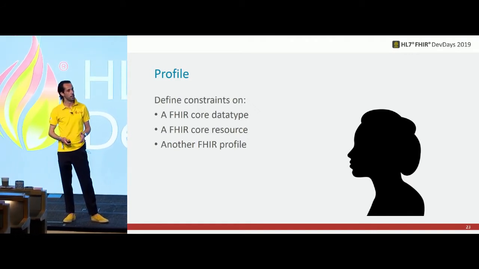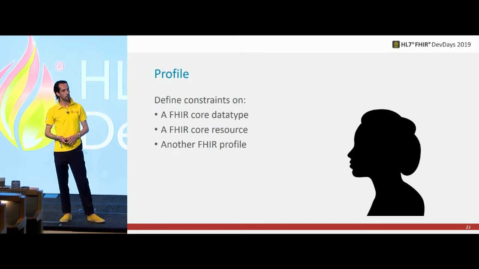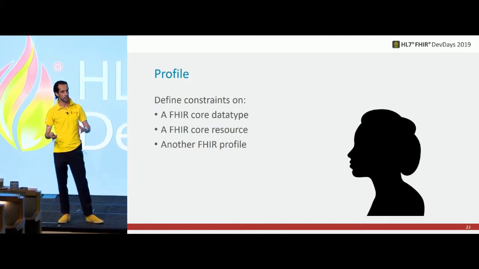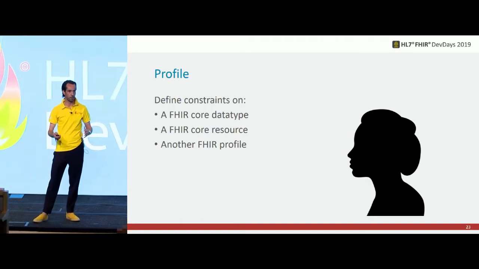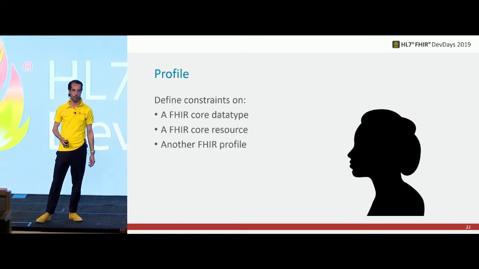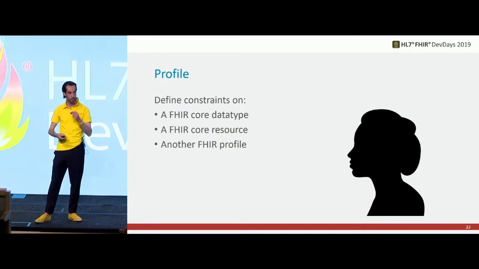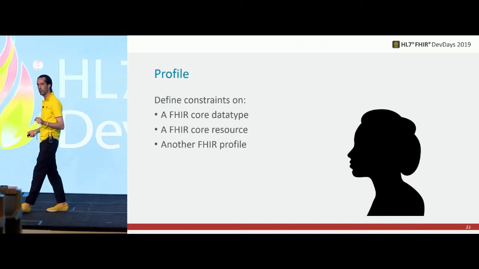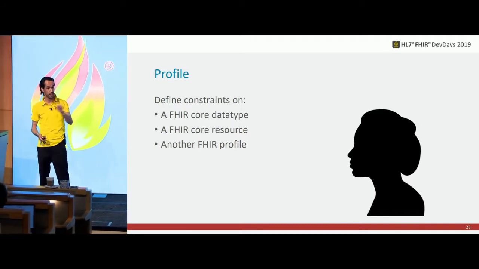Be aware that sometimes people will use the term profile, but they will actually mean an implementation guide. That's the way the term profile was used in the V2 or V3 world. So depending on your audience and who you're talking to, make sure that you're both on the same page about that use of the term profile. Within FHIR, I always use the narrow definition. For me, a profile is just a set of constraints on a single data type or a resource.